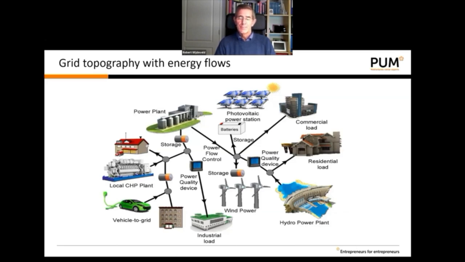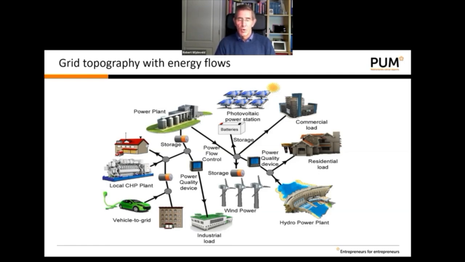But these days, with solar panels everywhere, the energy comes from all directions into the grid. And sometimes this causes grid problems, because the original grid is not designed for this energy flow.